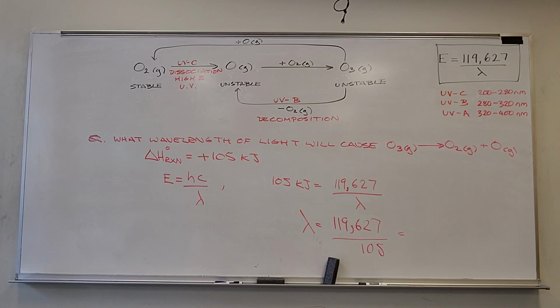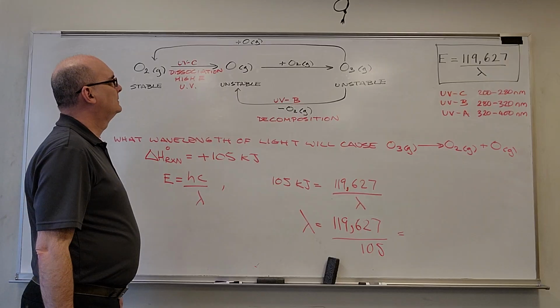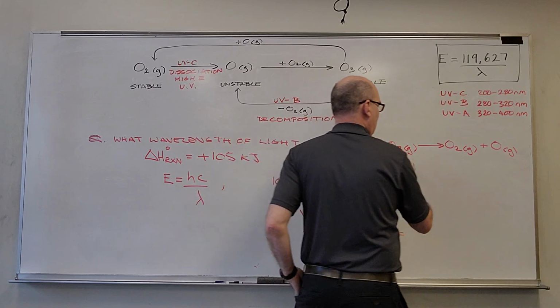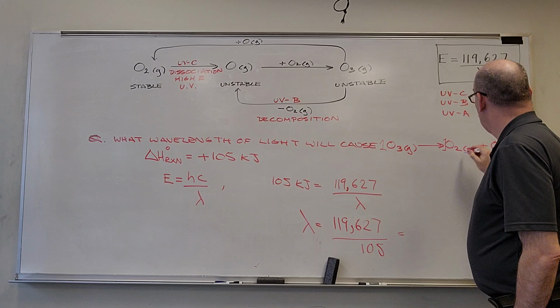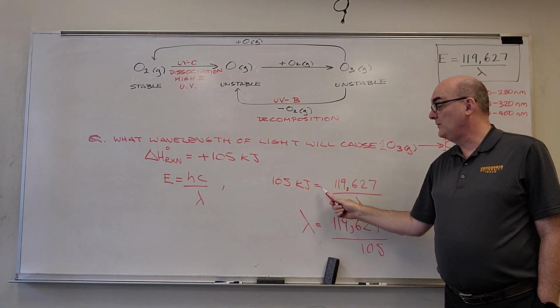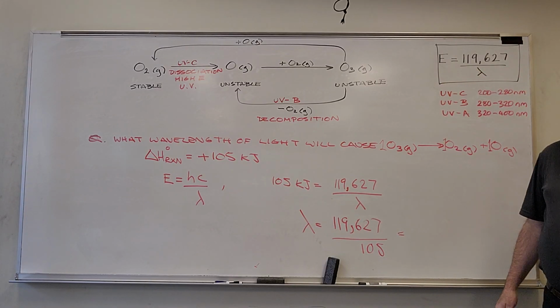The delta H for the decomposition of ozone into O2 and atomic oxygen is plus 105 kilojoules per mole. Oh, I was about to talk about this. Why are we just saying kilojoules and not kilojoules per mole? Because the reaction is this, and we got lucky, this is a 1 and a 1 and a 1. If you tell me 105 kilojoules per mole, my question to you is, per mole of what?